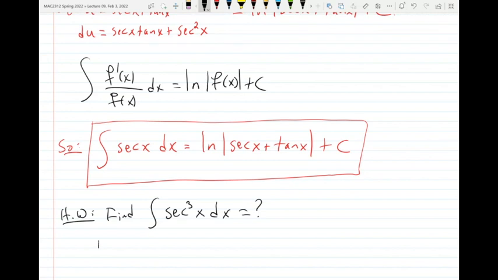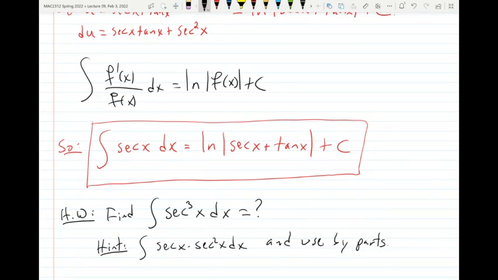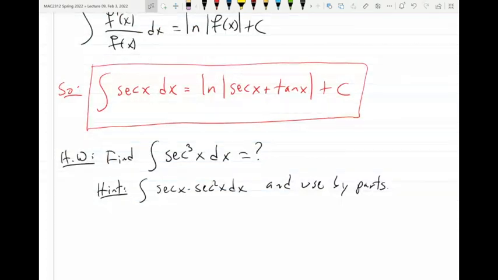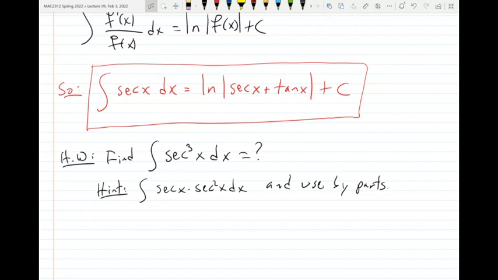Hint, write it as secant times secant squared and use by parts. Notice that the easier one to integrate here is secant squared. So use by parts by making u be secant and your dv secant squared. And see where it leads you. Okay?